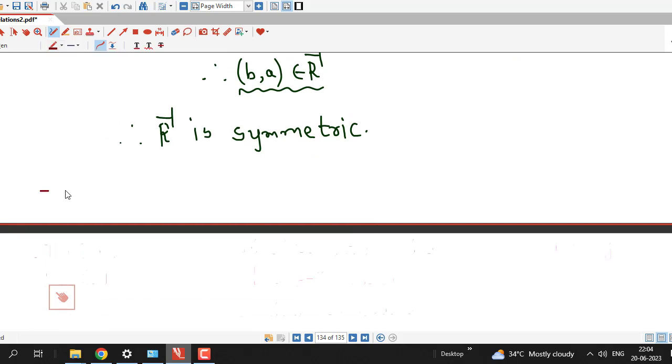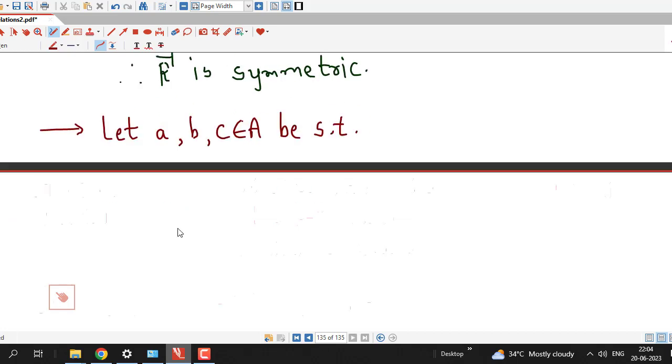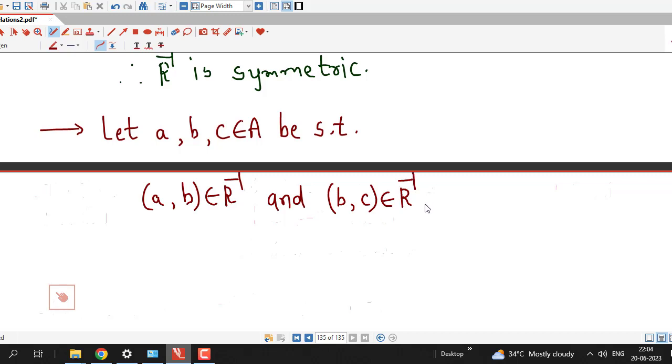Now for the transitive property, we consider three arbitrary elements, say A, B, C in capital A, such that the ordered pair (A, B) belongs to R inverse and the ordered pair (B, C) belongs to R inverse, and we want to prove that the ordered pair (A, C) belongs to R inverse.